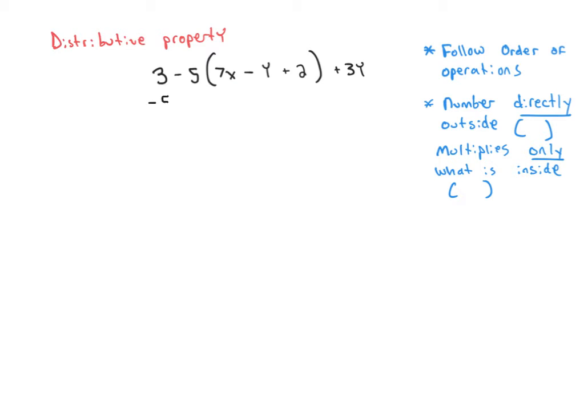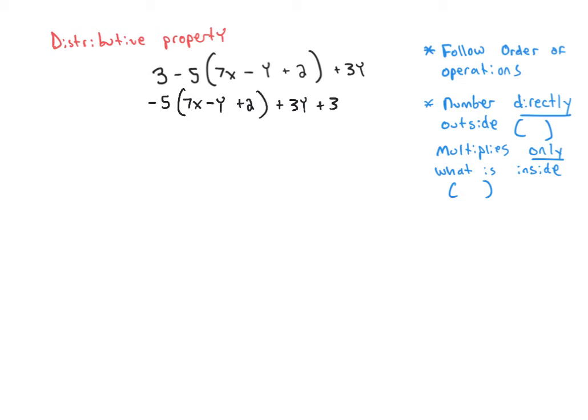So I'm going to rewrite this as -5(7x minus y plus 2), and then outside I've got plus 3y. And since that was a +3, I'm just going to move it, use the commutative property, and say +3. That way I don't get confused and I don't try to work with it in this multiplication problem.